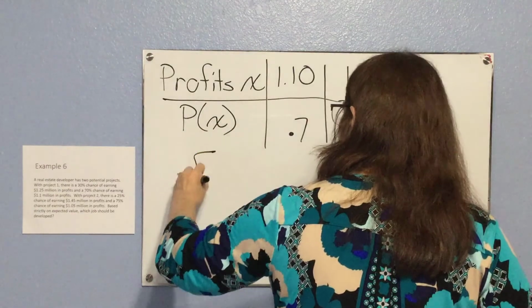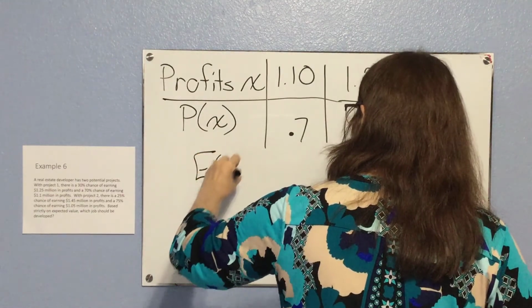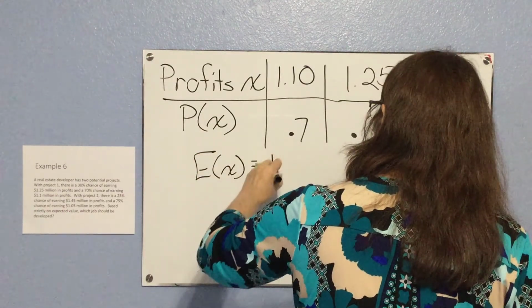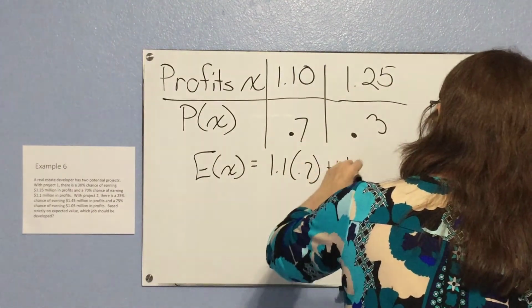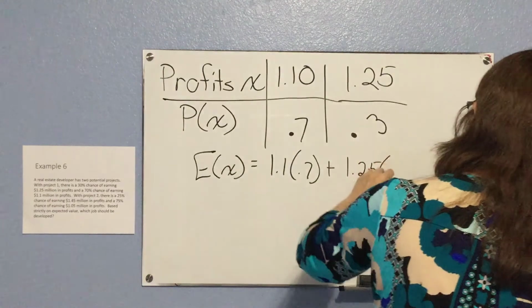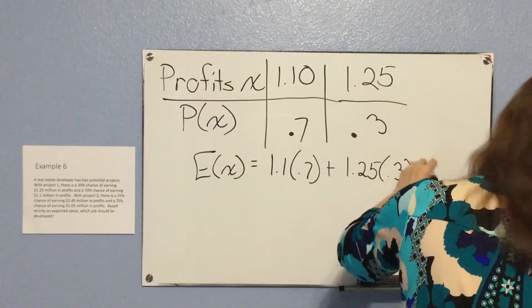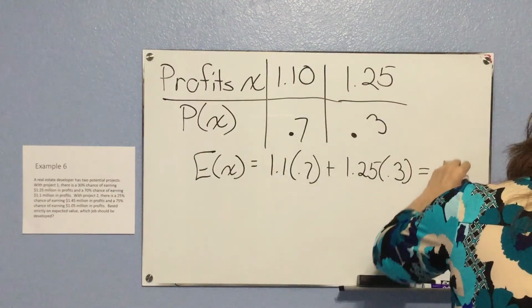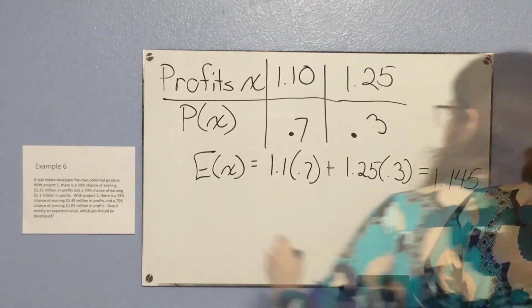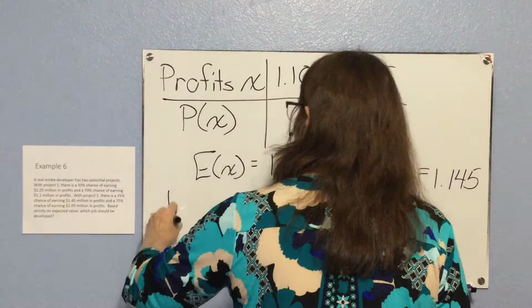So my expected value here is 1.1 times 0.7 plus 1.25 times 0.3, which gives us 1.145.